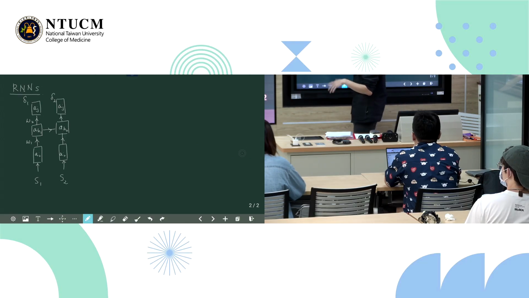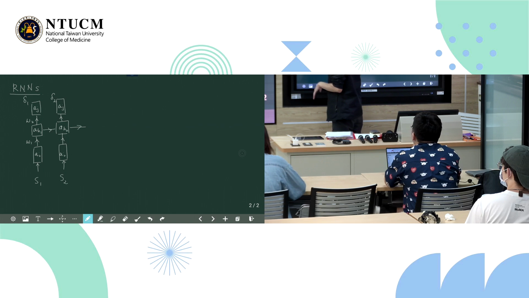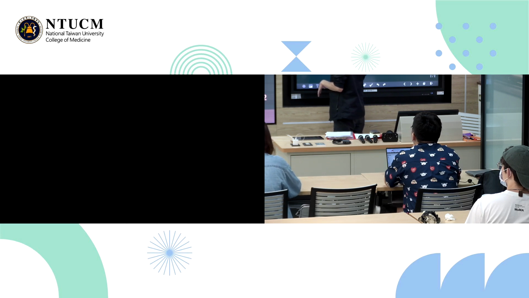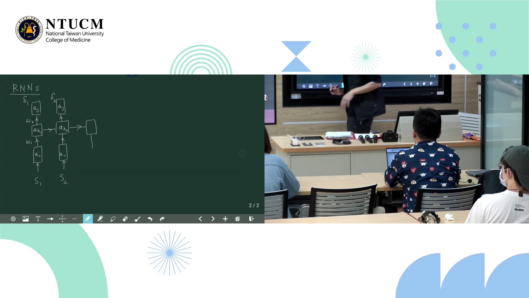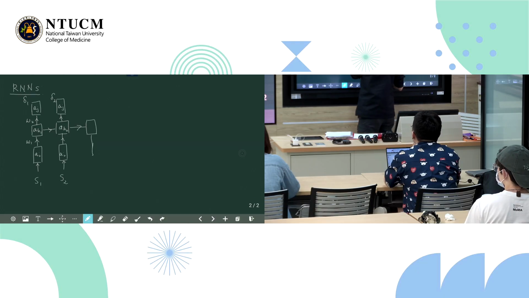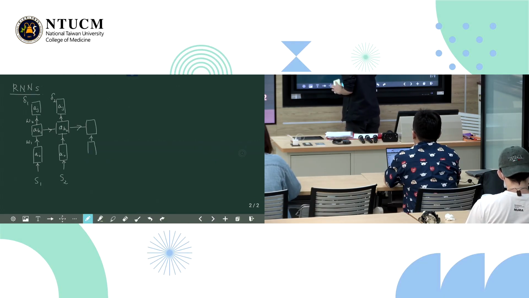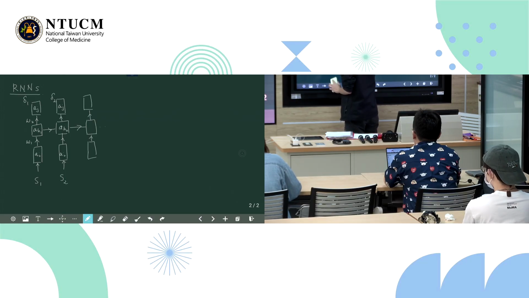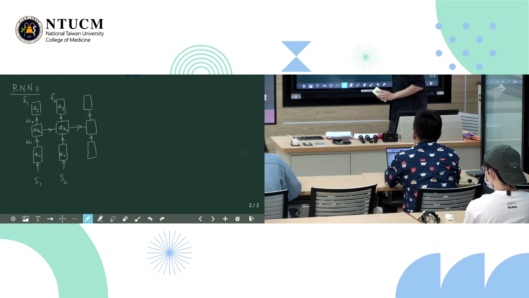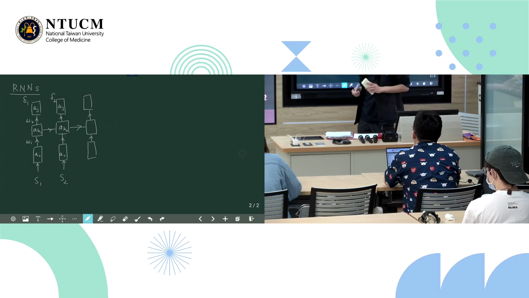And I can do this ad infinitum, keep going on and on. I have input, I have output, so on and so forth. I can keep doing this. If I do it this way, this is very interesting.